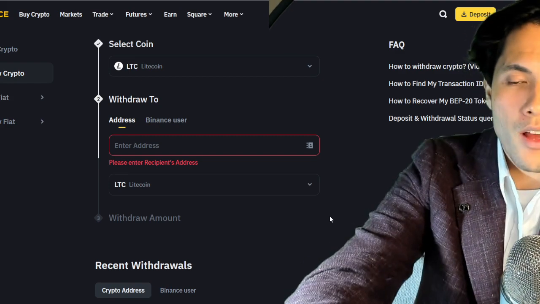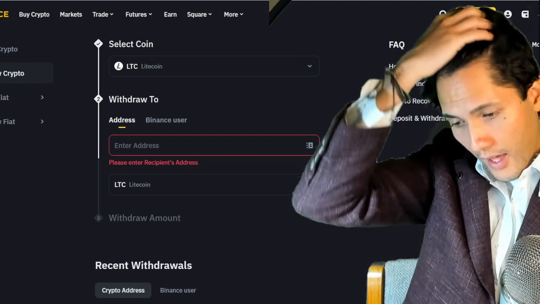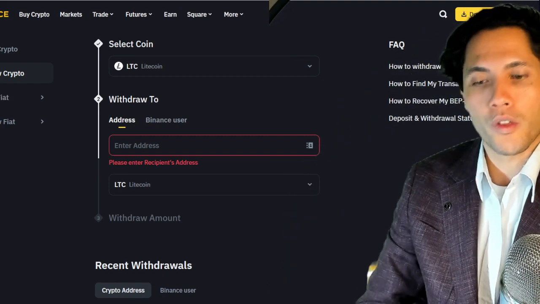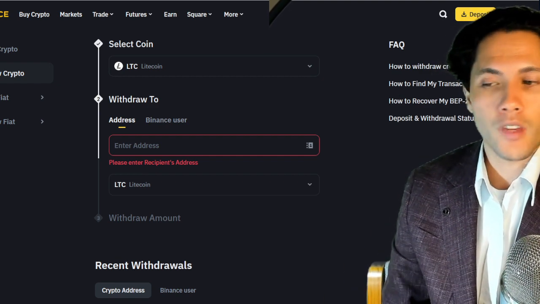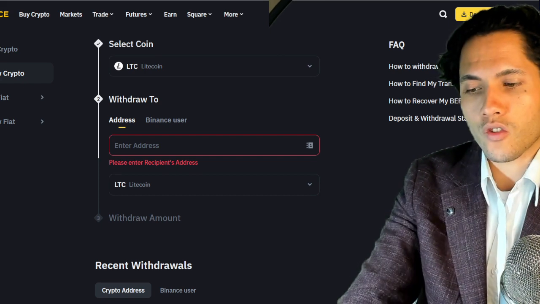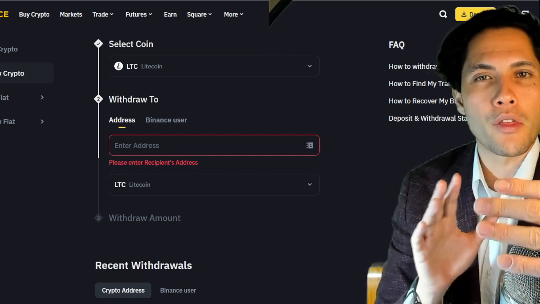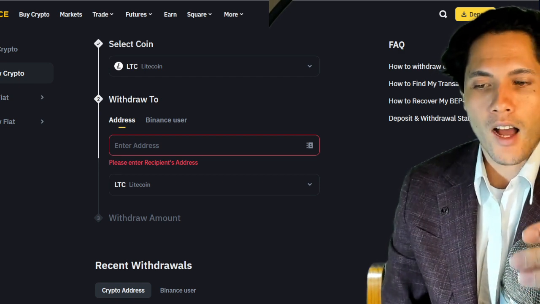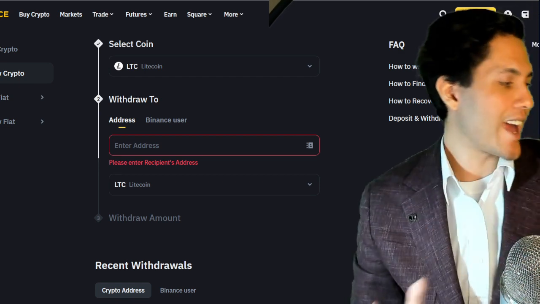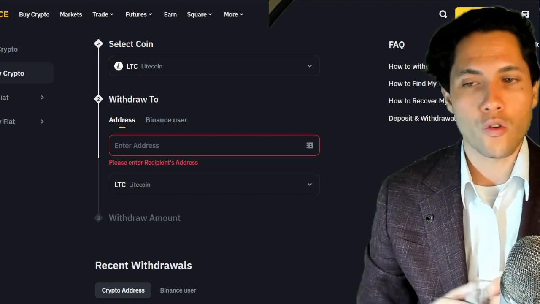Personally, when I am buying something online and I get that drop down menu of all the things that I want to send, I always use Litecoin. USDT is great, but usually when I'm dealing with other people, I just want to select something that I can guarantee they're not going to say no to.